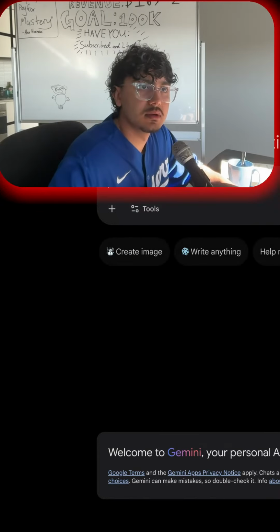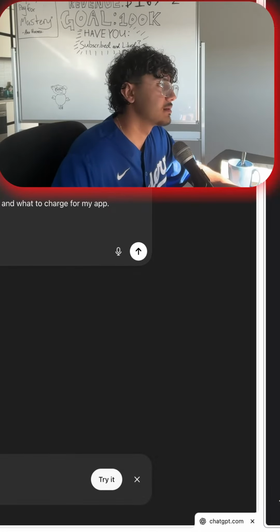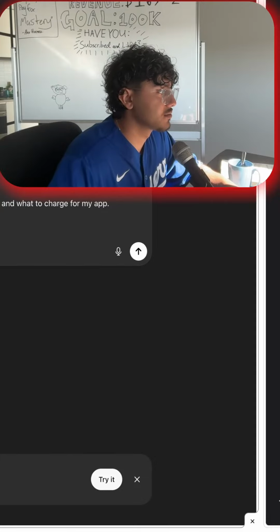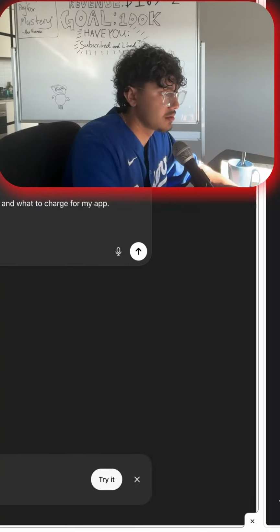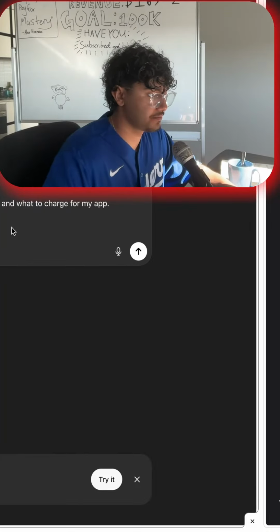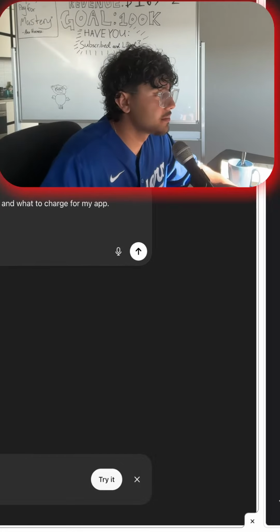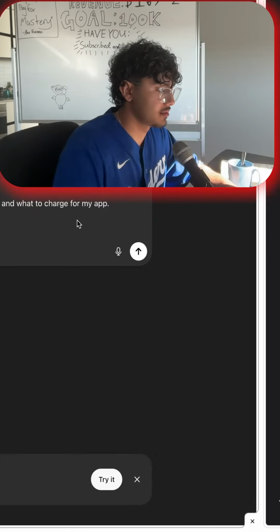Maybe I can merge these two together. All right, so I'm trying to create a fee structure for my Sway app, the prediction markets Tinder-like swiping app. However, I am not very educated in how fee structures work and what to charge for my app.